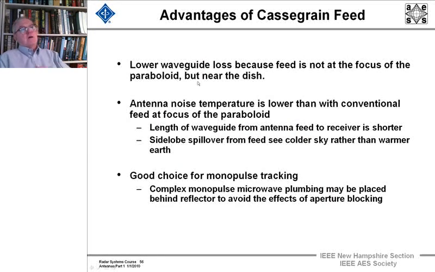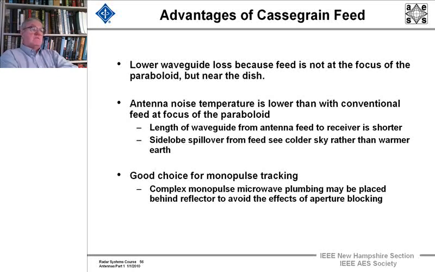The good things about Cassegrain feeds are, as I just said, lower waveguide loss because the feed is not at the focus of the paraboloid, but it's near the dish. The antenna noise is lower than conventional feeds because the length of waveguide from the antenna feed to the receiver is shorter, and the antenna spillover from the feed, seeing the colder sky rather than the warmer earth, helps you.